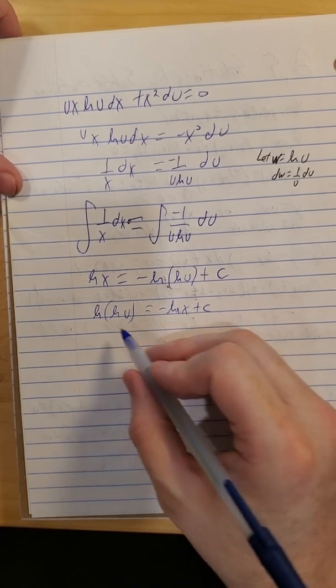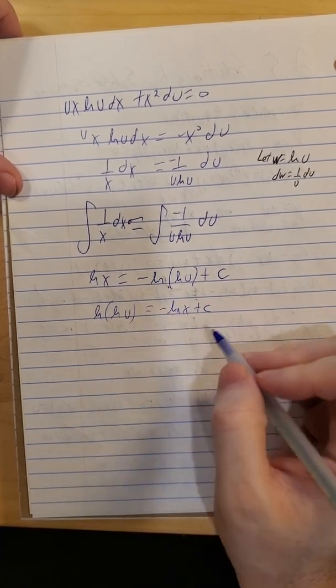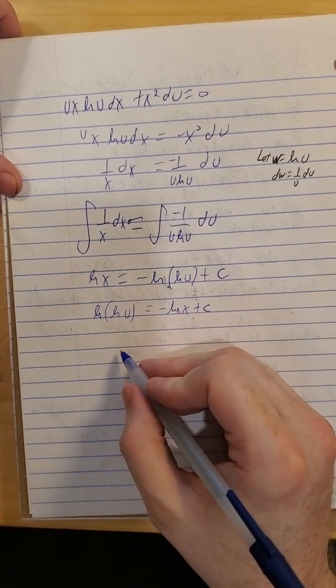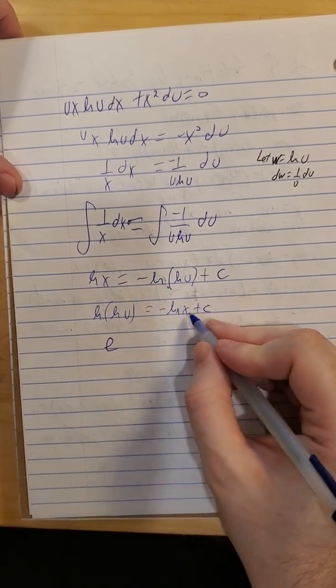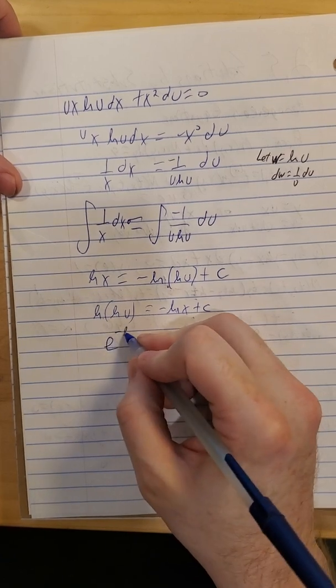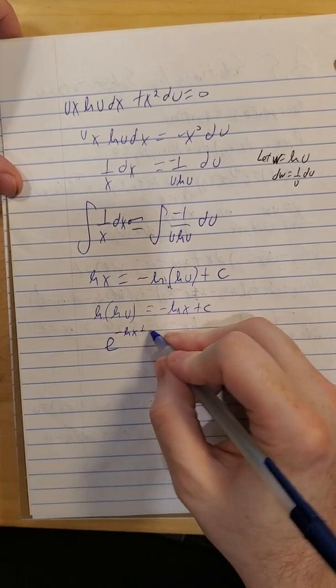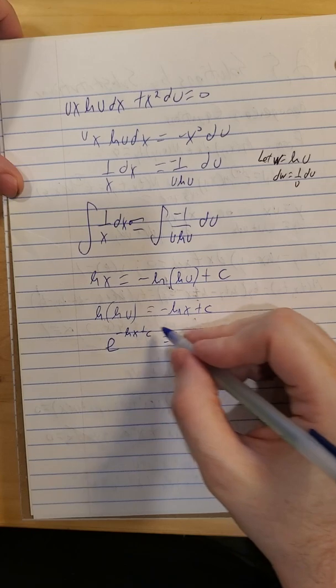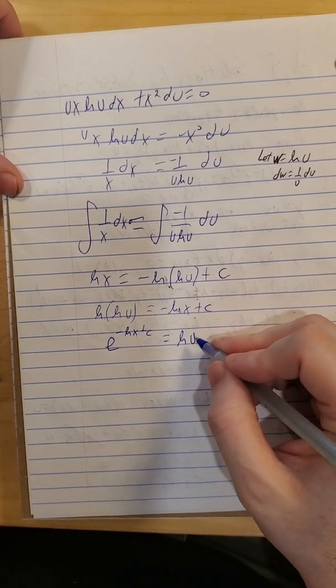So then we can translate this from logarithmic to exponential notation. Natural log means base e. So we have e to this right-hand side, the opposite of natural log of x plus c, is equal to the argument, natural log of u.